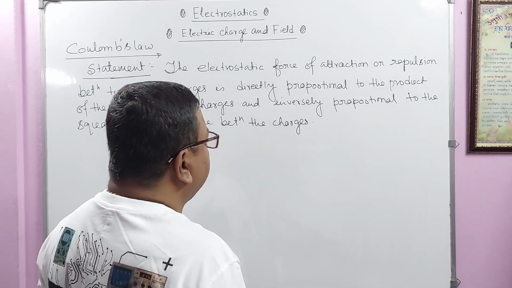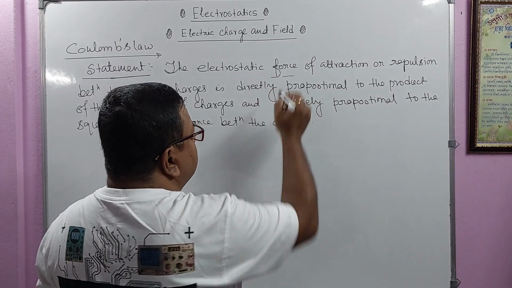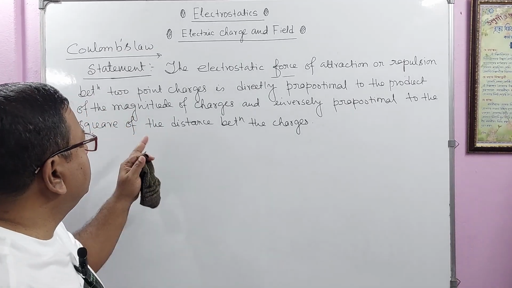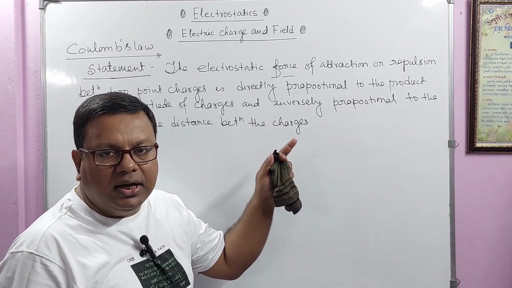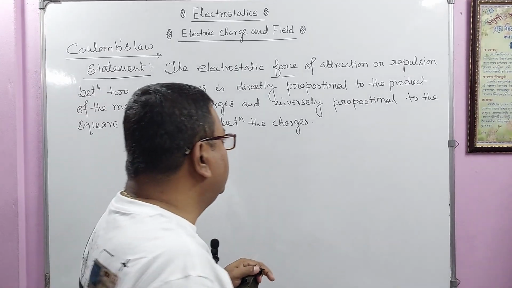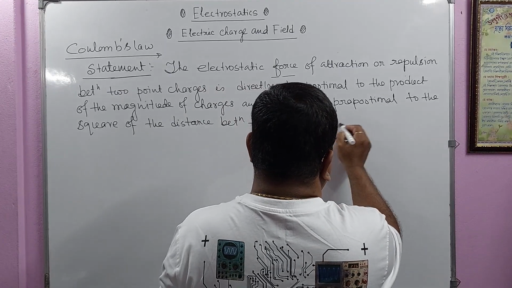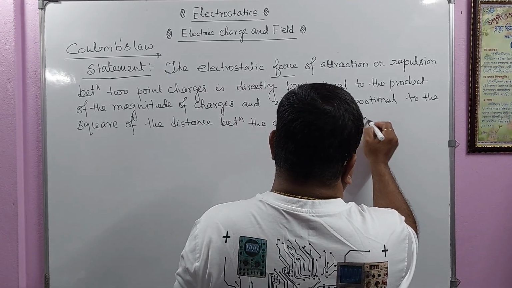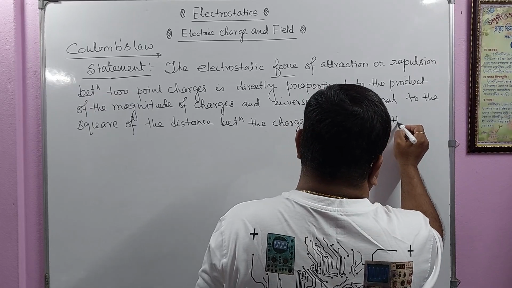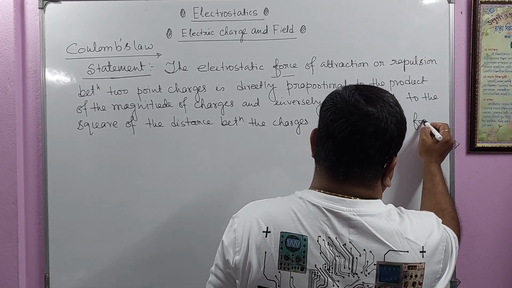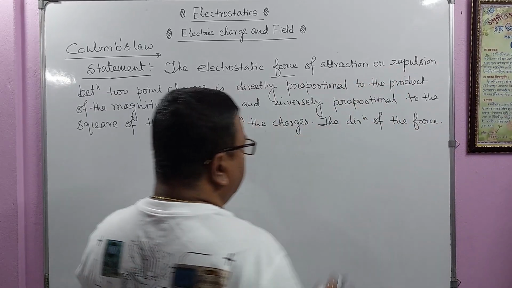Okay. Since force is a vector quantity, so in the statement we should indicate the direction of the force. So the last line is like this: the direction of the force, it may be attractive or repulsive.